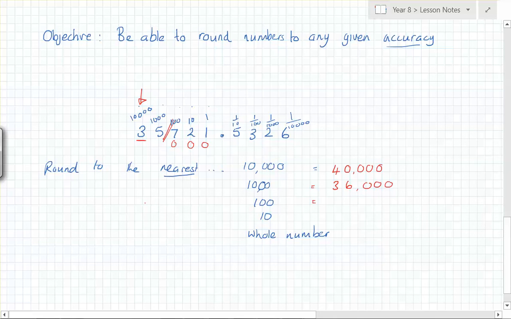The 7. The 7. So basically what we have is 3, 5, 7. These ones stay the same because they're above the level of accuracy. So it's 700, yeah. So the 2 and the 1 that we've got, we have to look at the 2. The 1 automatically turns to 0. So we go 3, 5, 7, 0, 0.